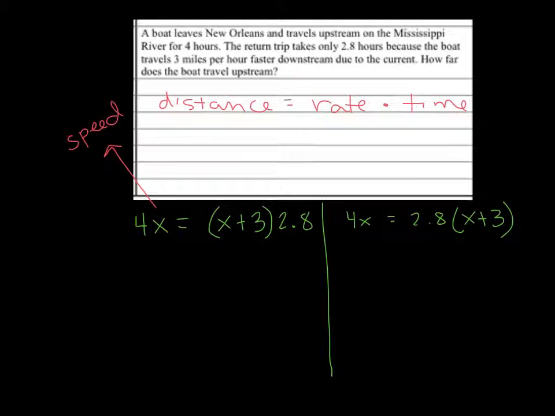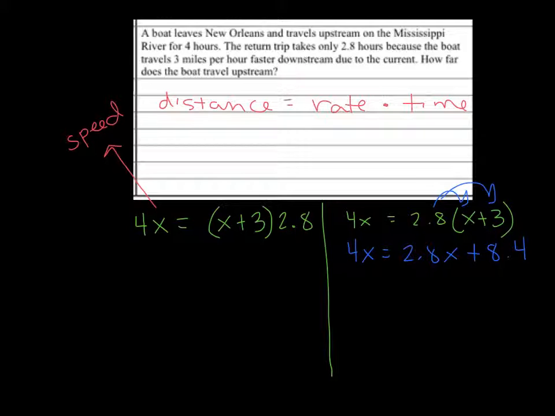Okay? All right, so now I should be able to solve this. So the first thing that I'm going to do is clean up this right side of the equation by distributing. I know that I need to distribute because I see those parentheses. So I have 2.8x, and then 3 times 2.8 is 8.4. So plus 8.4.